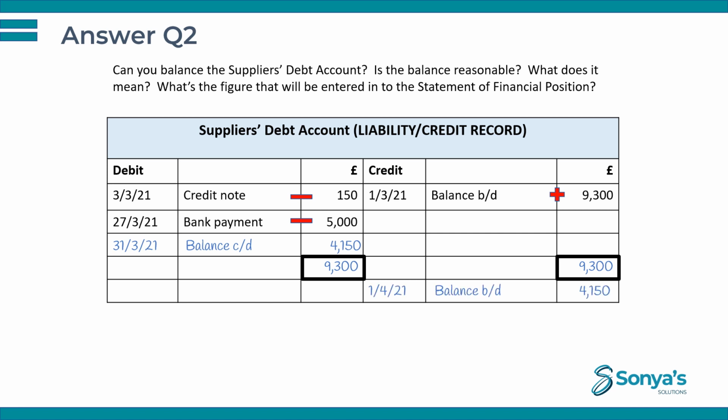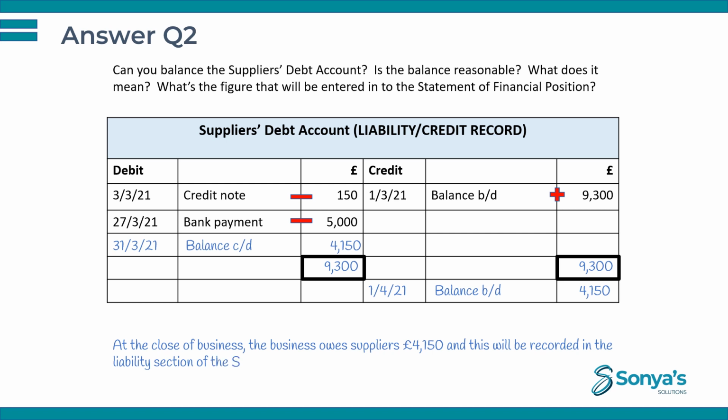It's on the credit side of the account as it's a liability account. At the close of business on the 31st of March, the business owes suppliers £4,150, and this is recorded in the liability section of the statement of financial position if it were to be prepared.